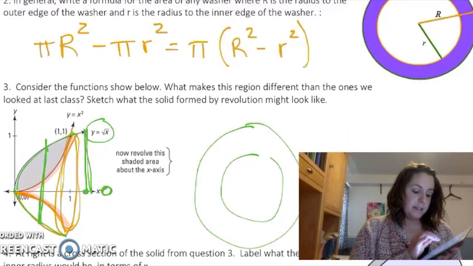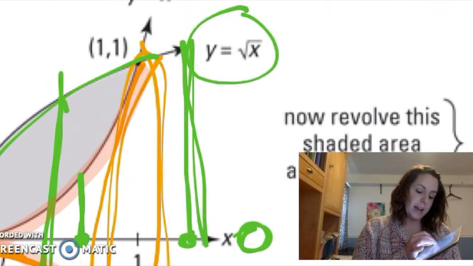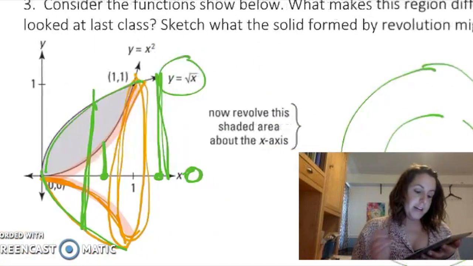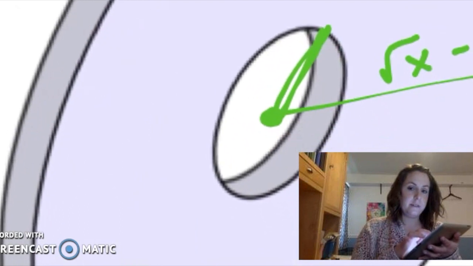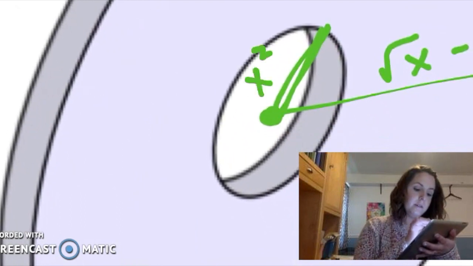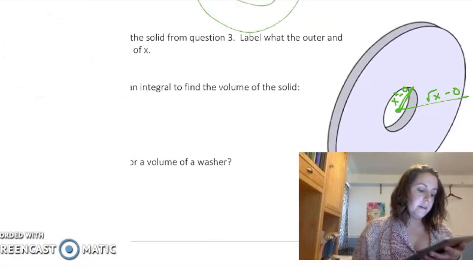My inner radius would be doing the same thing except going from my x-axis, my center line, up to my inner function, which is x squared. So my inner radius here is x squared minus 0, right? Outer radius is square root x, inner radius is x squared.